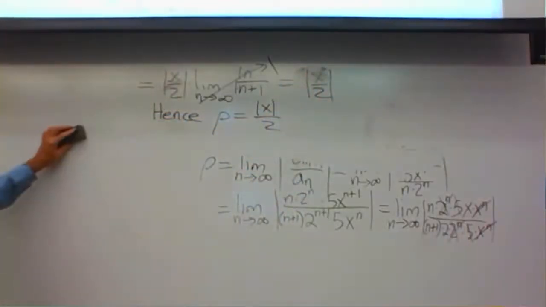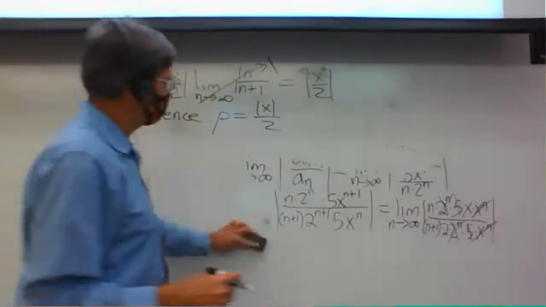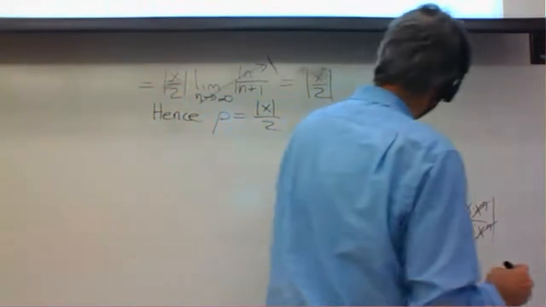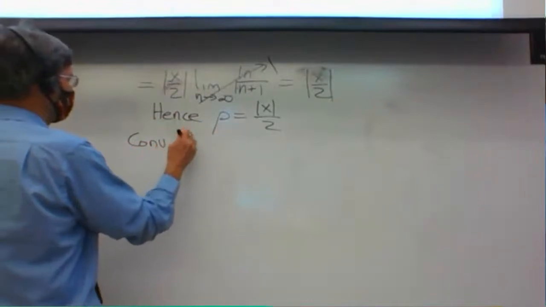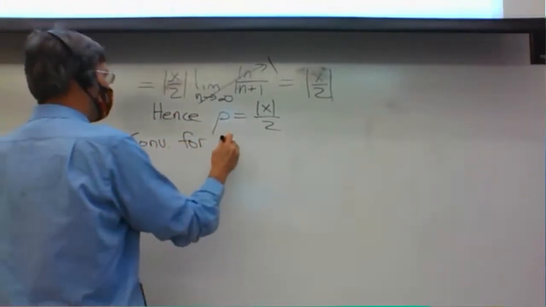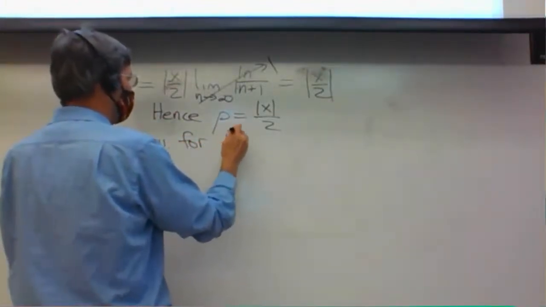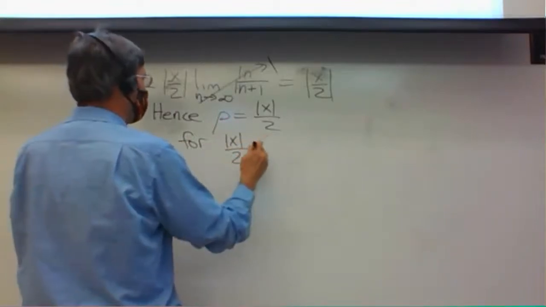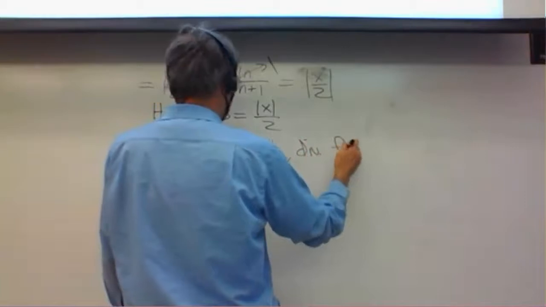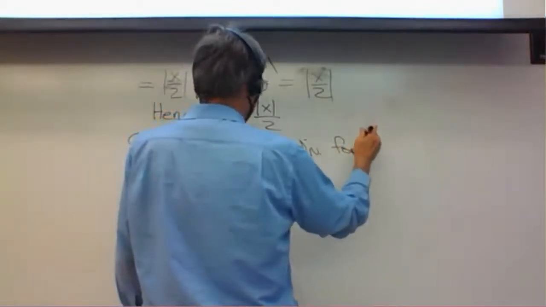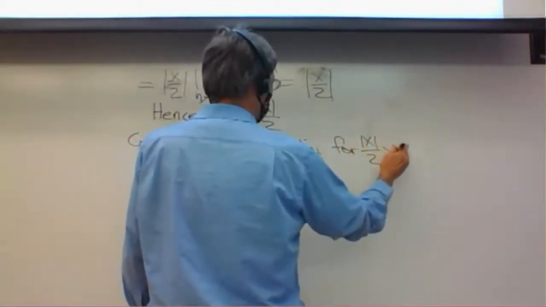All right. Now, what does that tell me? The ratio test tells me that convergence occurs if rho is less than 1. In fact, absolute convergence. Divergence for absolute value of x over 2 greater than 1.